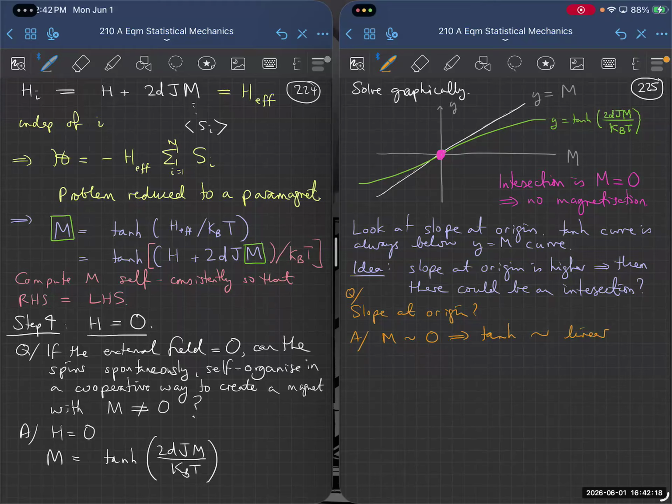So in other words, we get that y is equal to 2dJm over kBT. And if we want this to be above the straight line, then the slope has to be bigger than 1.